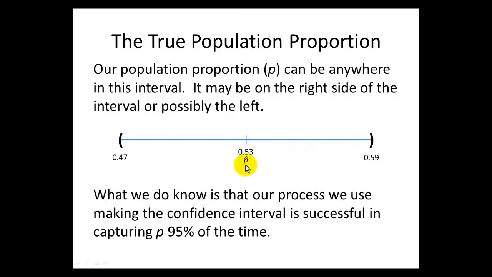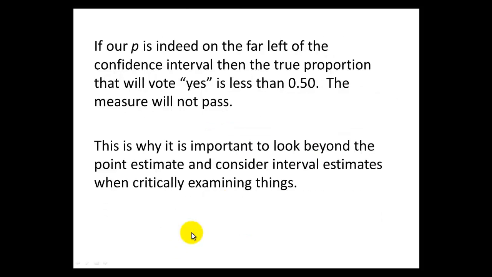Now, p-hat by design is in the middle. That's what our sample said. But for the true opinion of all voters, we're 95% confident it's in this range of values. It could be on the right side of this interval, or possibly to the left. We don't know. What we do know is that the process we use to create this interval is successful in capturing p 95% of the time.